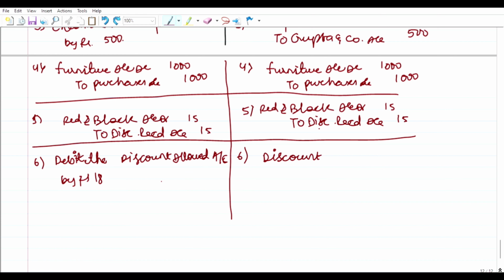If any difference has been generated, we write it into the suspense account. That is what we have to remember carefully. Discount allowed account debit, to suspense account, by rupees 18.